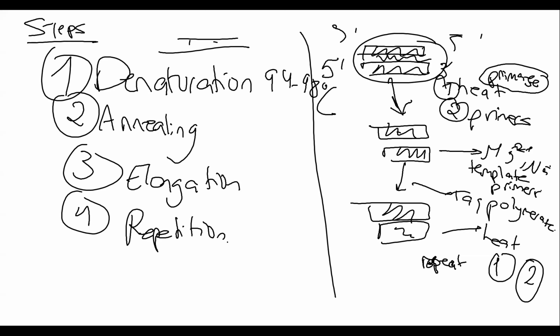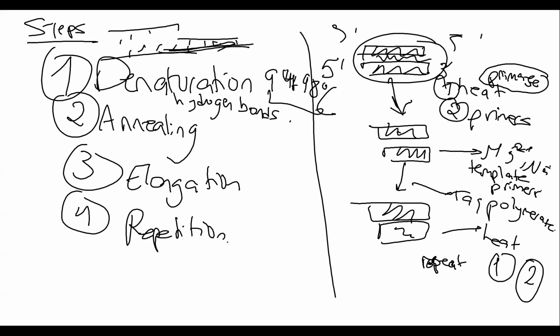This double strand, here we have hydrogen bonds. To break these down and to end up with single strand and single strand. So denaturation happens from 94 to 98 degrees Celsius, this range, and we are breaking the hydrogen bonds.